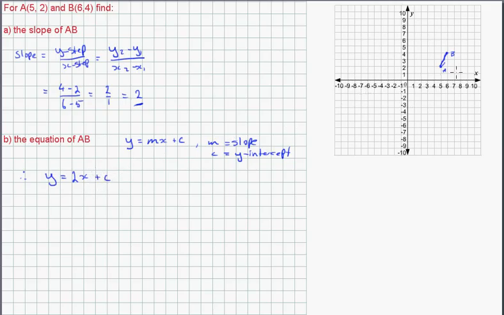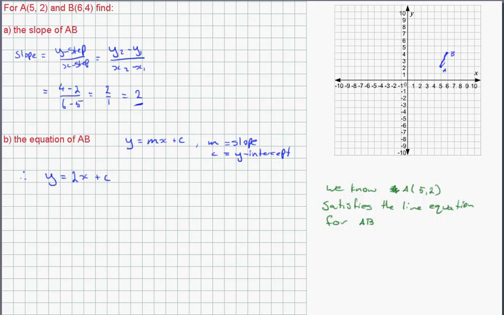What we do know is, because we made a line out of these 2 points, that both A and B lie on the line, which means that the values for A, 5, 2, satisfy the line equation for AB.